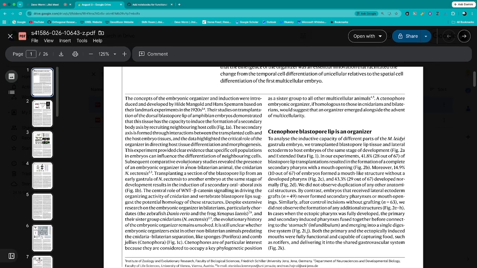No, that's good. Actually, it gives a lot of context to what they're talking about here. Basically, this experiment provides clear evidence that specific cell populations in embryos can influence the differentiation of neighboring cells, which was replicated again and again throughout the history of developmental biology, where you can take cells and implant them in a certain cellular tissue context, and get them to change to that cell fate.